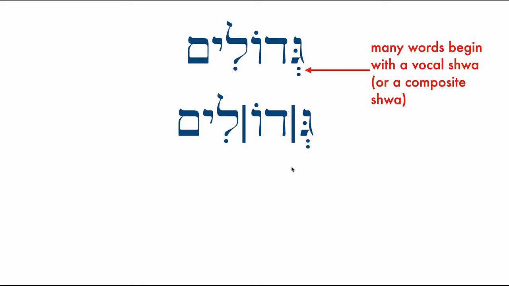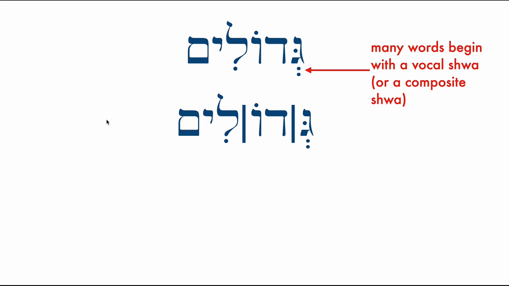I'm hoping that the next syllable begins with a consonant, and thank goodness it does. Here's my dalet. D, and a long vowel. O, do. So I'm done. And then finally, lamed, and this chirik with the yud together, E, and final mem, gedolim.